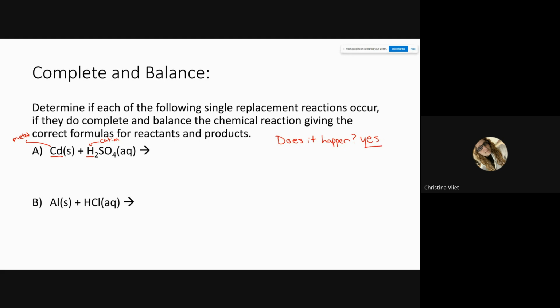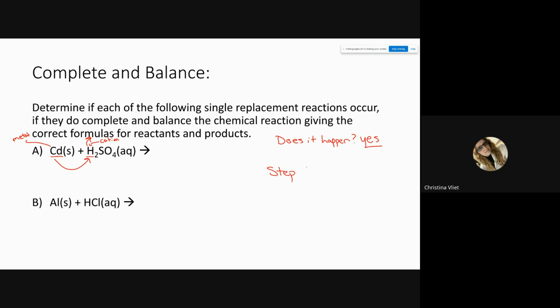What does that mean? What is the template? Well, first you gotta know that you're doing this, right? Cadmium is taking hydrogen's place in the compound. That's what's happening. Cadmium is kicking that hydrogen to the side, out. Cadmium's going in. So how does that happen?